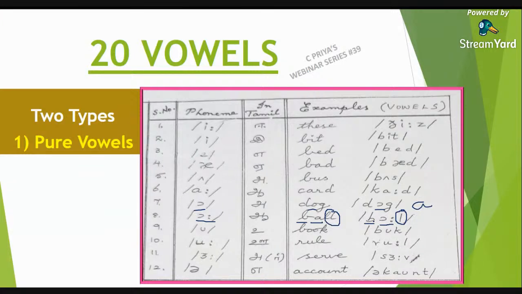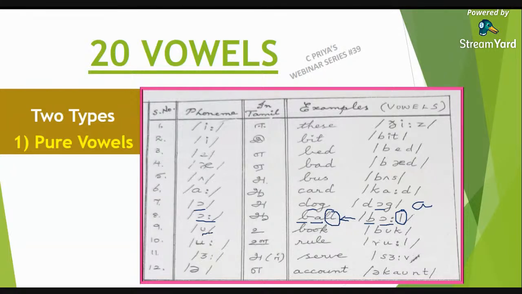So this way only we learn to pronounce the word ball. It is not a ball, it is ball. There is a single L, only one L is given, right?